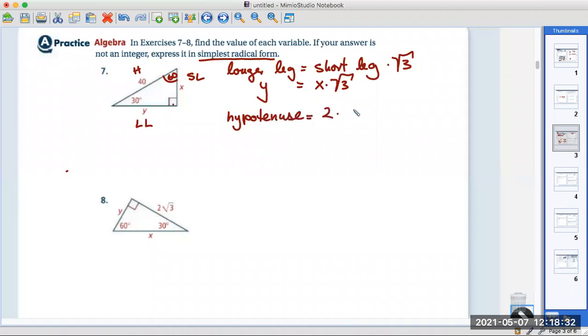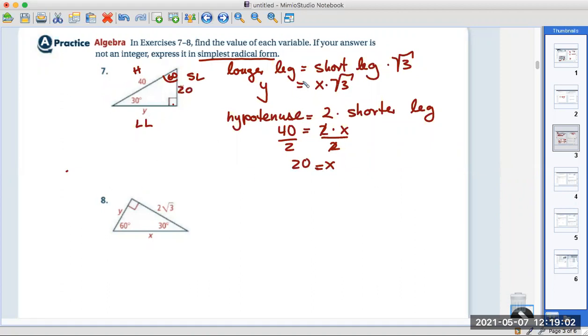Hypotenuse is twice the shorter leg. Oh, I know what the hypotenuse is. It's 40, right? Twice the shorter leg. The shorter leg is x, right? So now I have 1 variable and I can find that variable. 40 divided by 2 is 20.